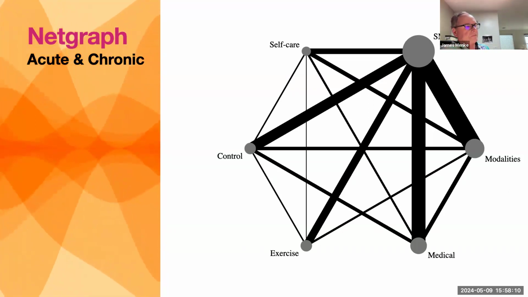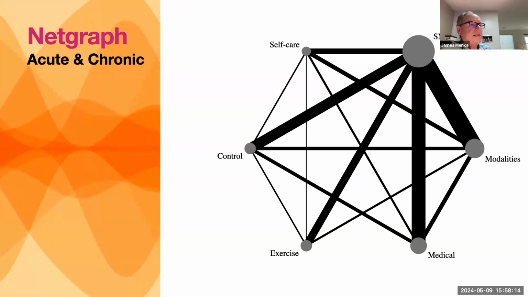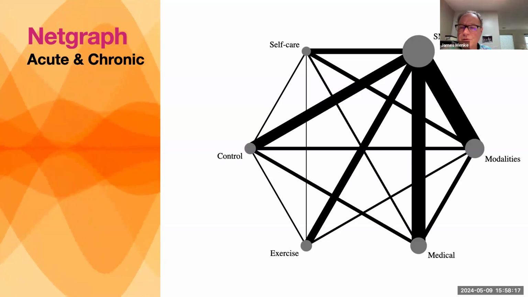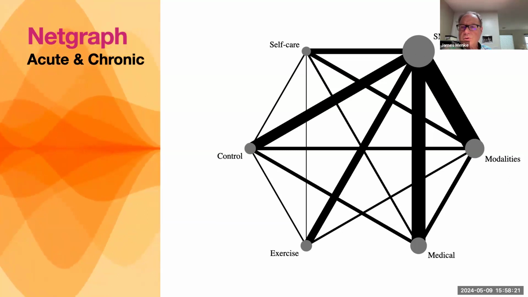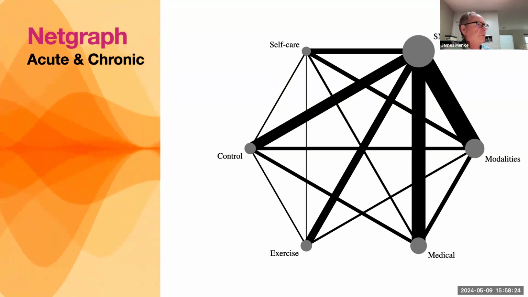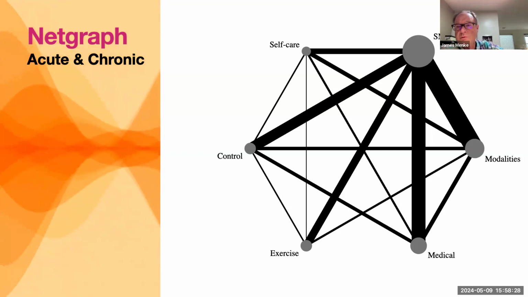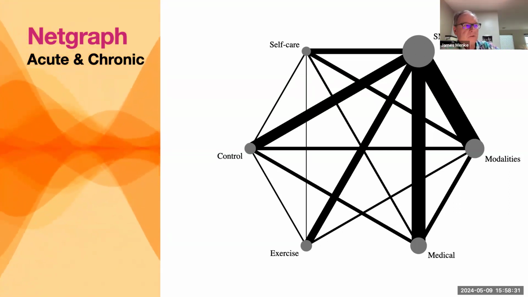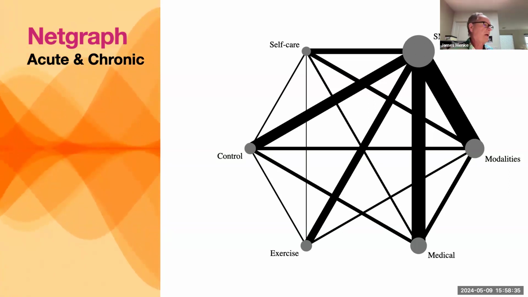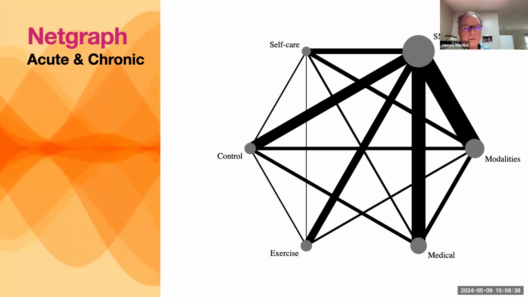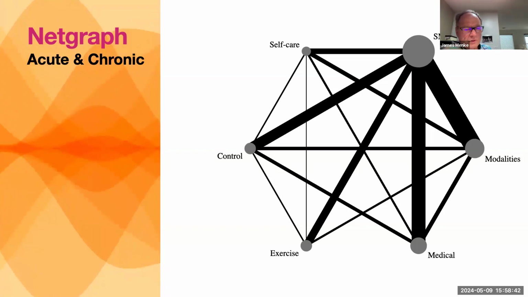But in this case, I didn't put numbers on it, but SMT to modalities, which are physiotherapy modalities like heat, electrical stim, therapeutic ultrasound, that's the strongest. That's the most comparisons between those two arms. And then medical with SMT is pretty common, or second most common. And SMT to control, which again, there's various gradients of control.